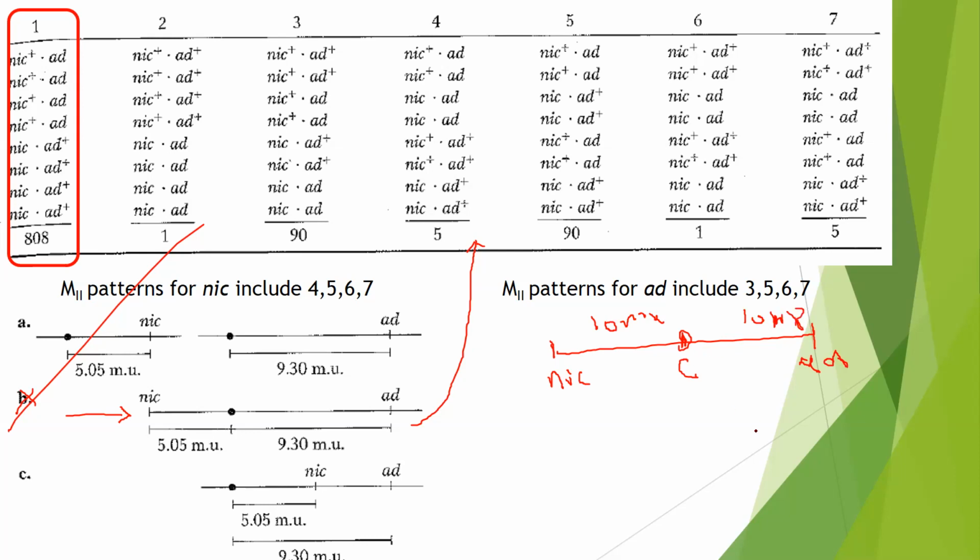So the probability of having a crossover between this gene and the centromere, and this gene and the centromere, should be equal, right?